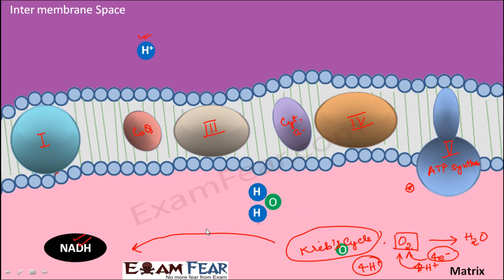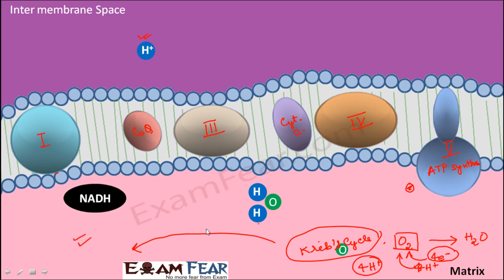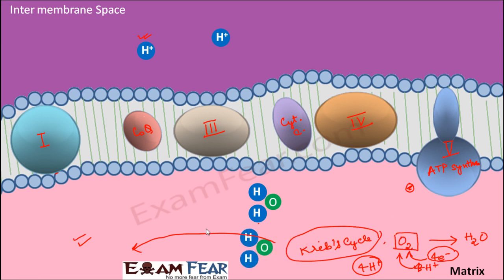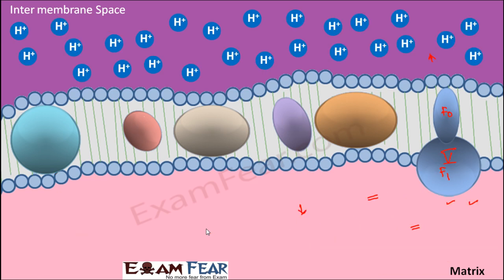This process continues, and as it continues, more and more hydrogen ions are pumped into the intermembrane space. This gives rise to a concentration gradient. So this is how a concentration gradient is formed. Once a concentration gradient is formed, ATP synthase gets activated.